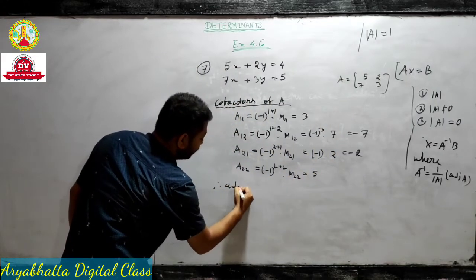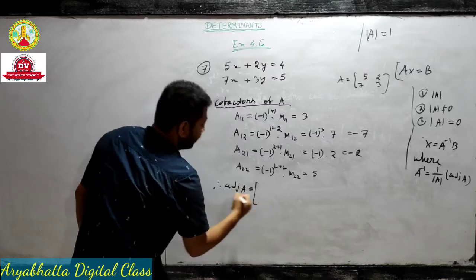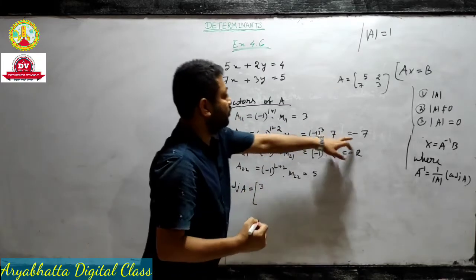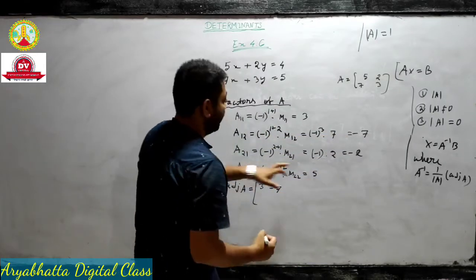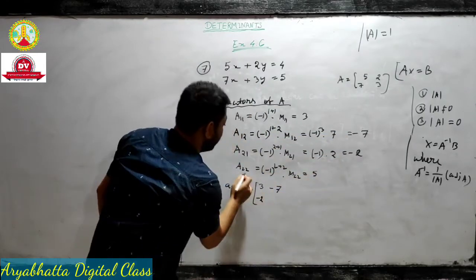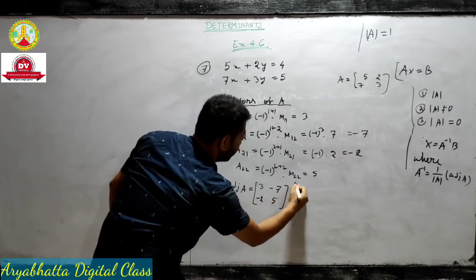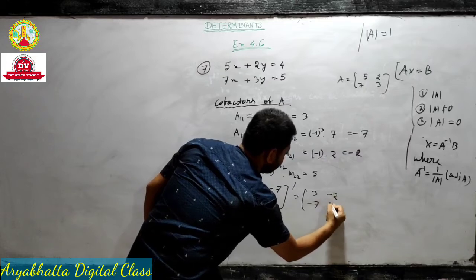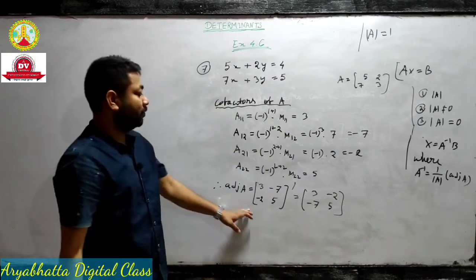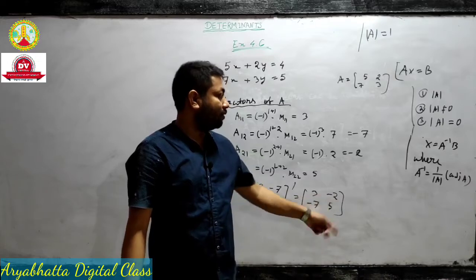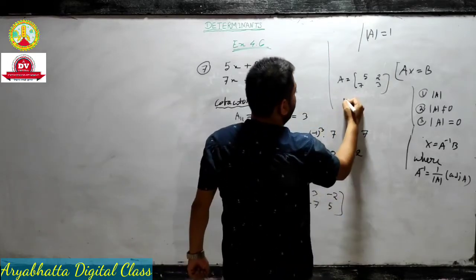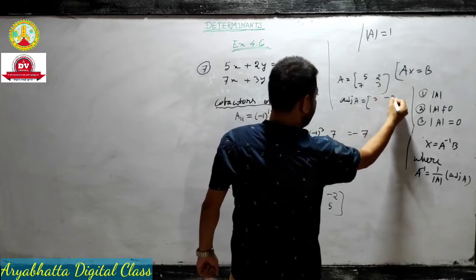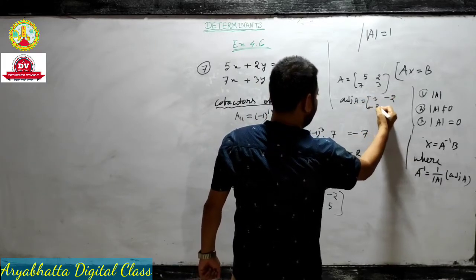Therefore, adjoint of A is the transpose of the matrix |A11 A12; A21 A22| = |3 -7; -2 5|. We have adjoint of A is equal to |3 -2; -7 5|.